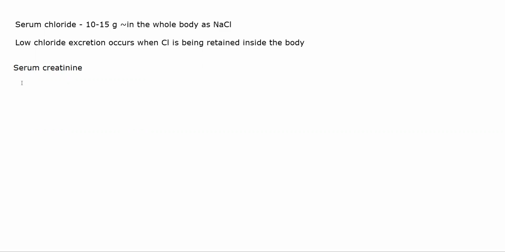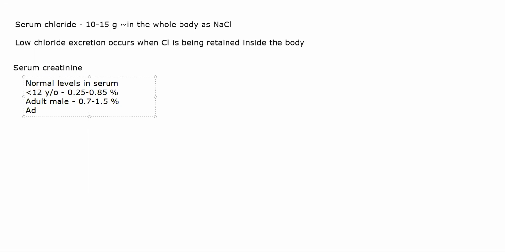Now, the normal levels of creatinine depend on age. Normal serum creatinine levels: if it is a child less than 12 years old, the level will be around 0.25 to 0.85. If it is an adult male, it's around 0.7 to 1.5.